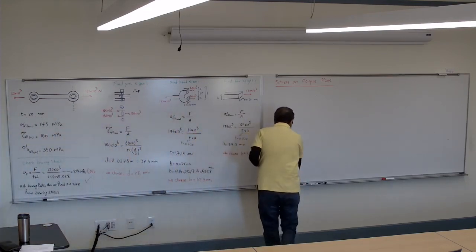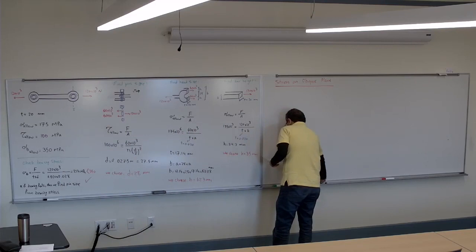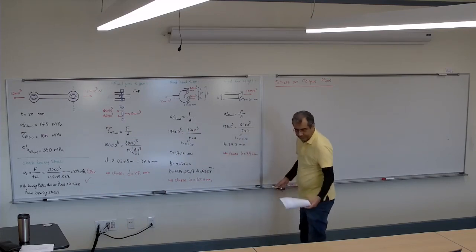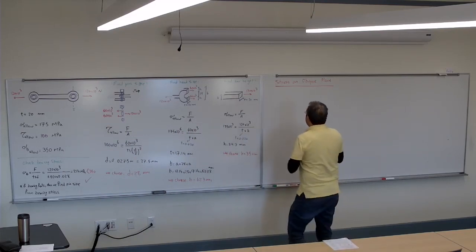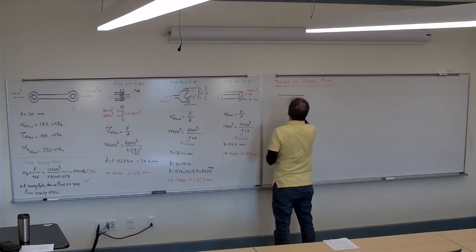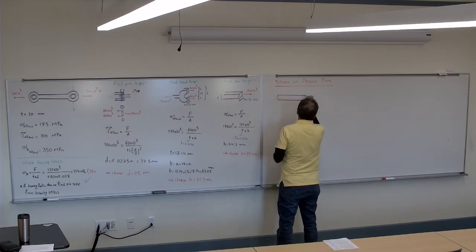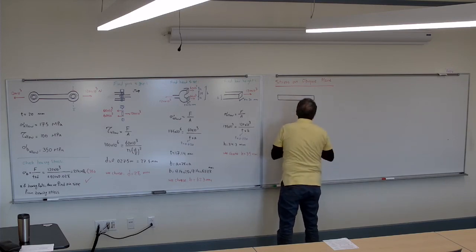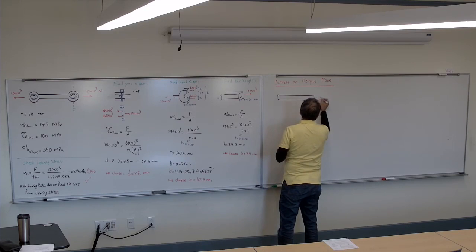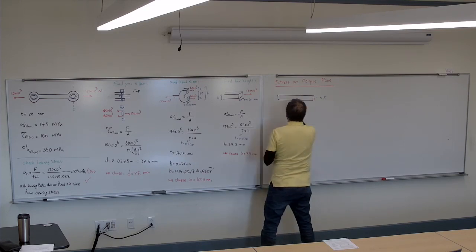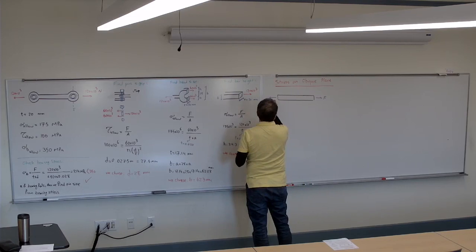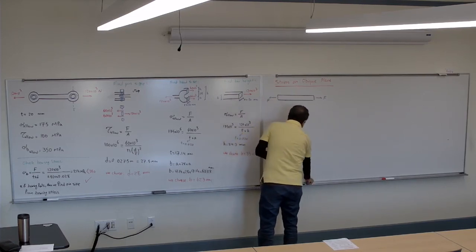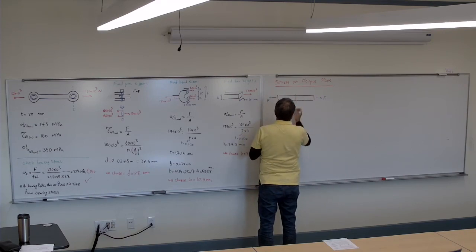So what we had up to this point was, if you have a member, and that member is under normal forces, and then I go ahead and cut it somewhere in the middle of that.